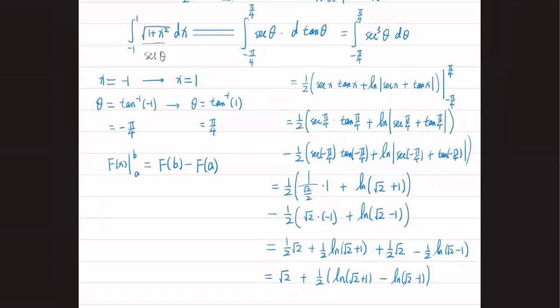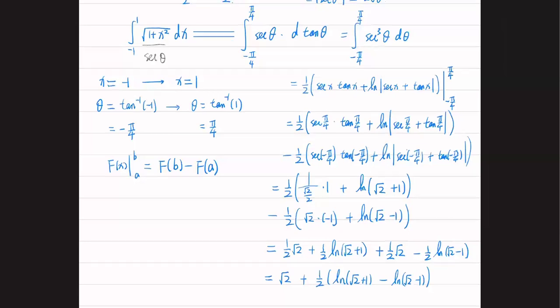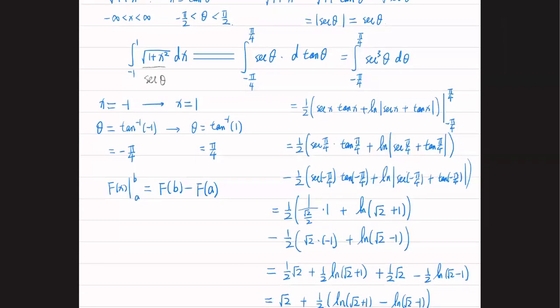This is a very complicated integral because we have no idea what the antiderivative is. So we use this trig substitution, x equals tangent theta. In this way, we change the integrand from the square root to a secant function.